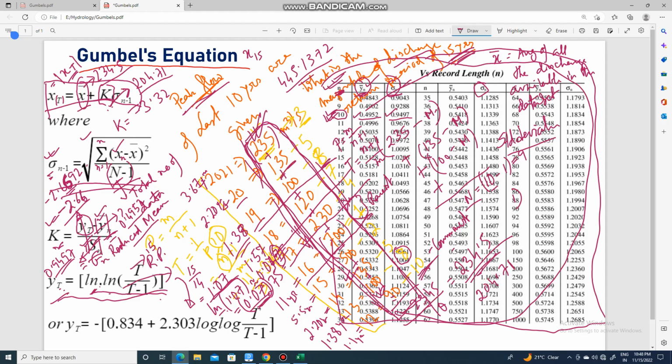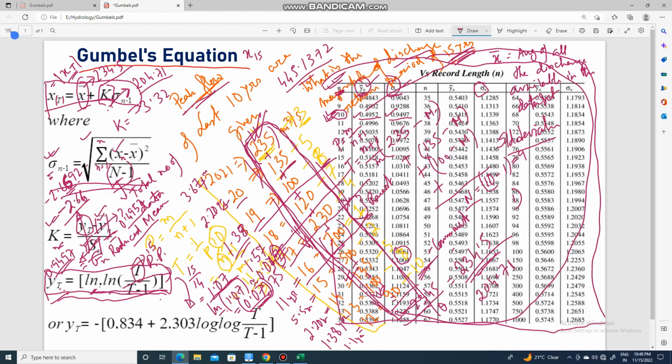After you find the reduced mean and reduced standard deviation, to find k you need to find yt, y subscript t. For this you use this expression: yt equals minus ln of ln of T by T minus 1.